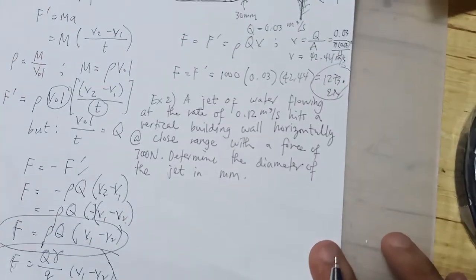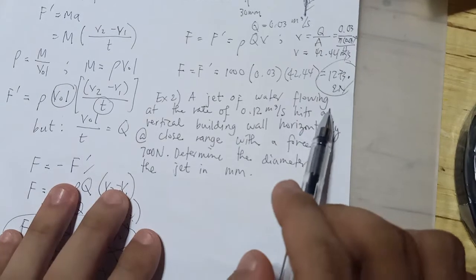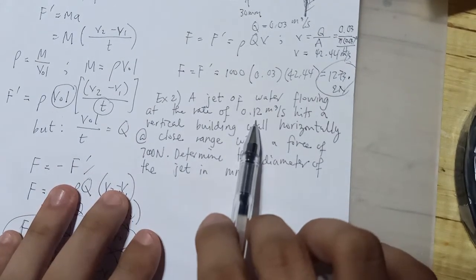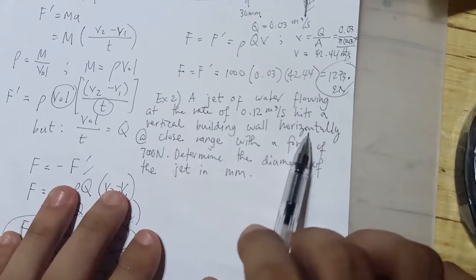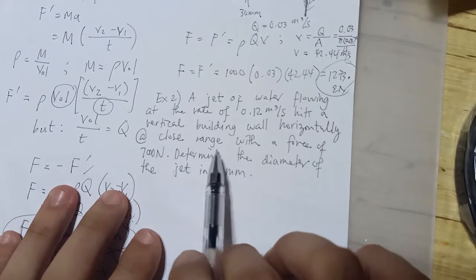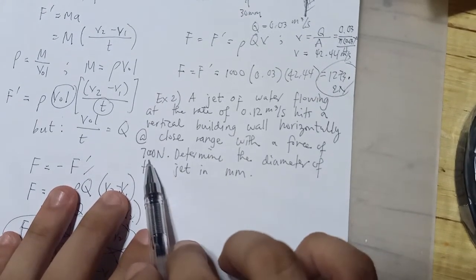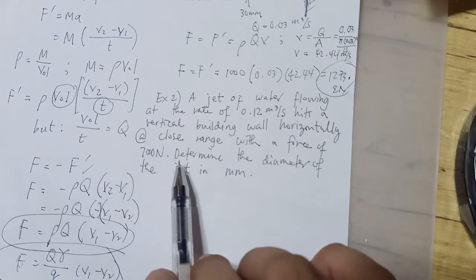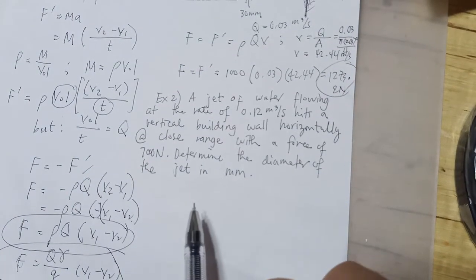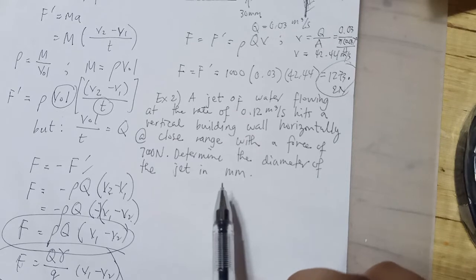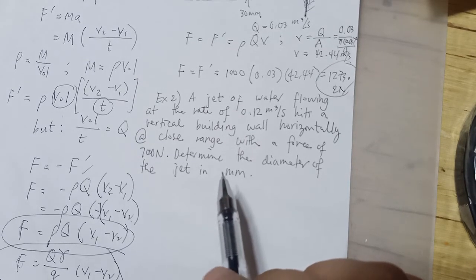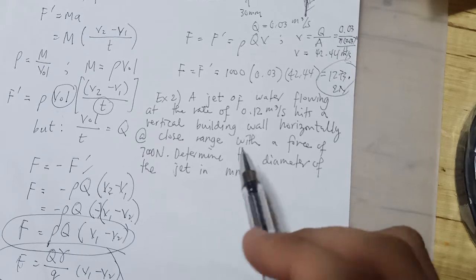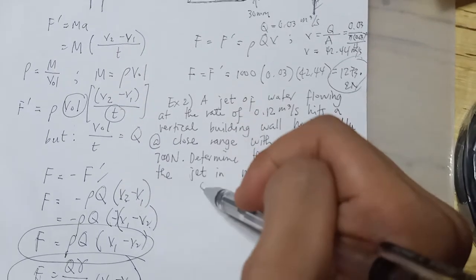So second example, a jet of water flowing at the rate of 0.12 cubic meter per second hits a vertical building wall horizontally at close range with a force of 7,000 Newton or 7 kilonewton. Determine the diameter of the jet in millimeter. So let's say this is the building. So solution.